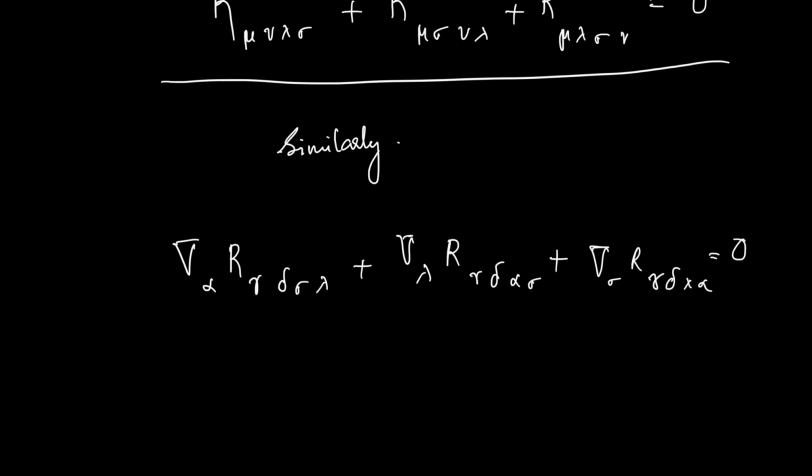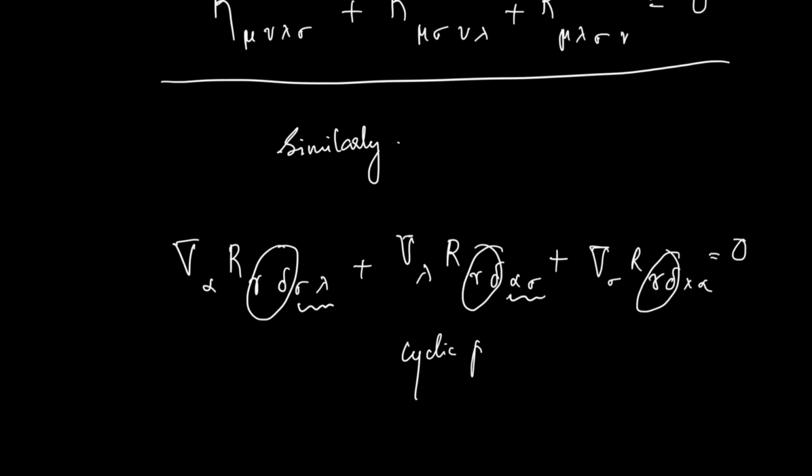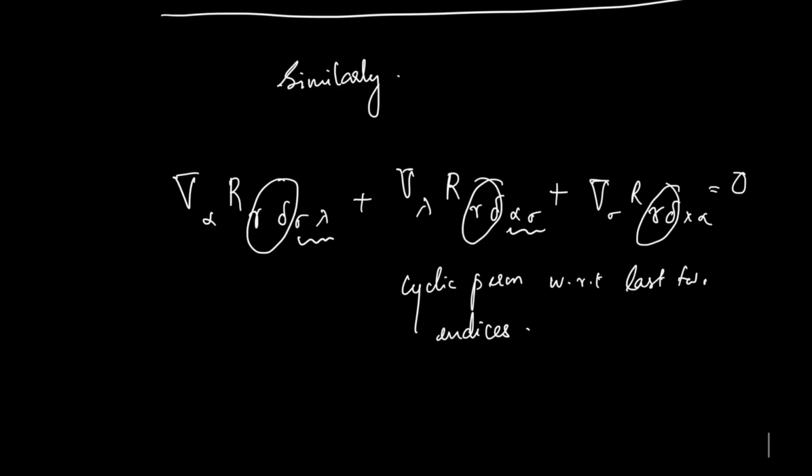So here I take the covariant differentiation of the fully covariant Riemann tensor and then cyclically permute with respect to last two indices only. See here, gamma delta is common, which means cyclic permutation with respect to last two indices. And then add everything, you will get 0.